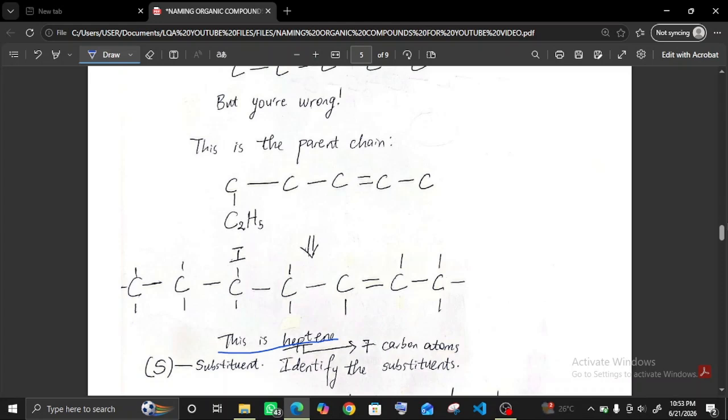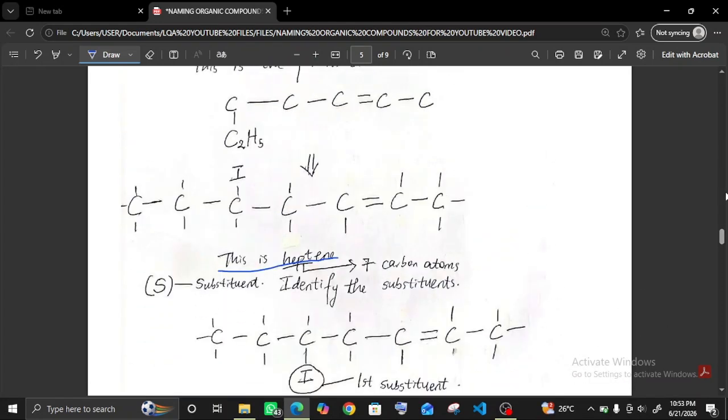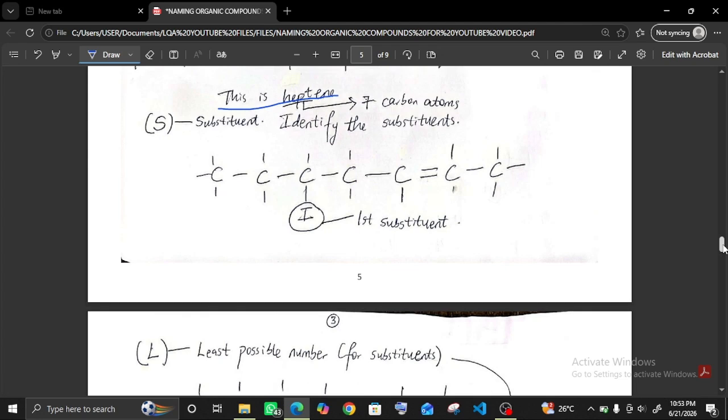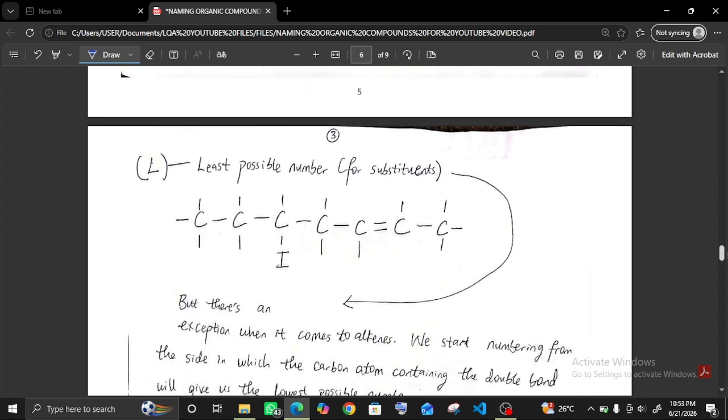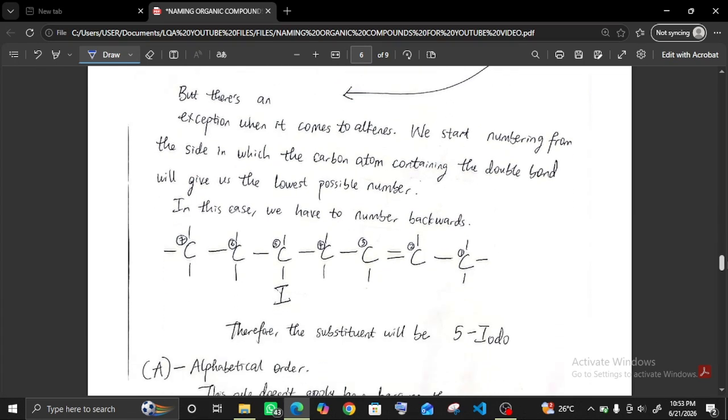The next step is step S, which is the substituent. You identify the substituent, which is only I. That's iodine. After identifying the substituent, you make sure that the substituent has the least possible number attached to it. So we number it backward first.